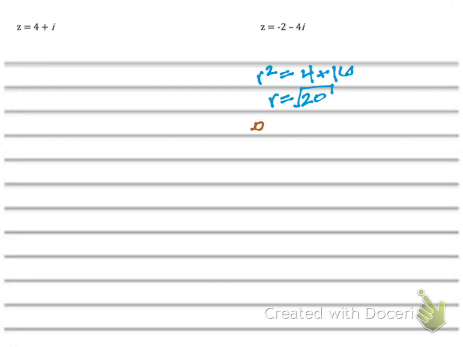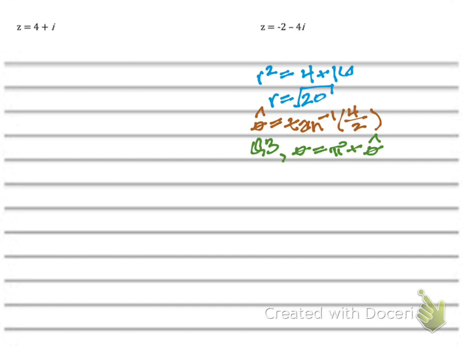And I know that theta hat is the inverse tangent of 4 over 2. And this guy is in quadrant 3, right? Because we are negative, negative. And in quadrant 3, theta is pi plus theta hat.